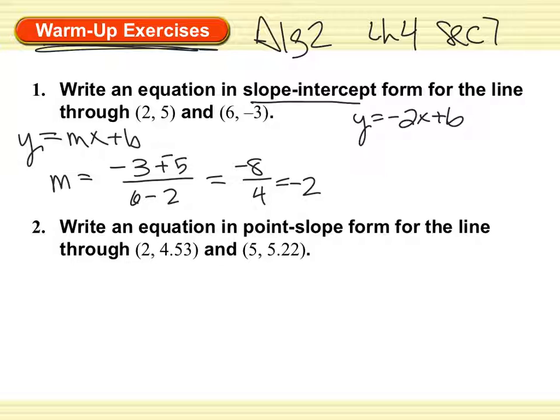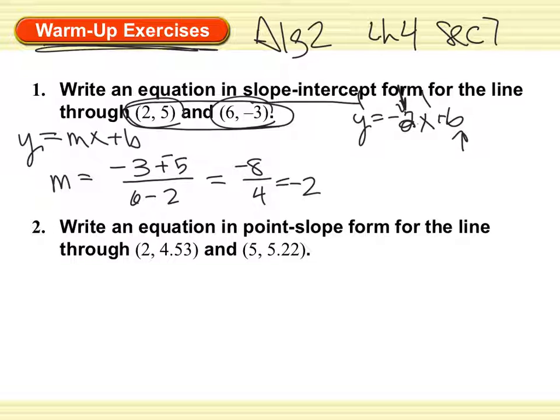b is the y-intercept. It's where your line crosses the y-axis, where x is 0. These 2 points are on this line that has this slope. So we can plug in one of these 2 values for x and y and solve for b.